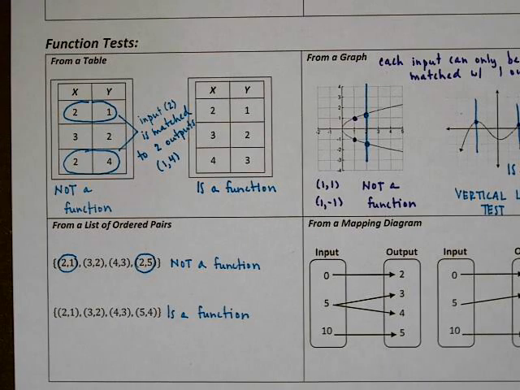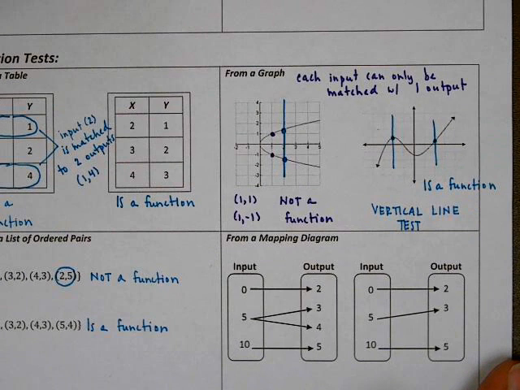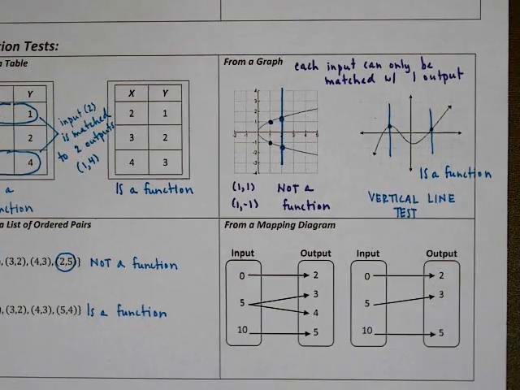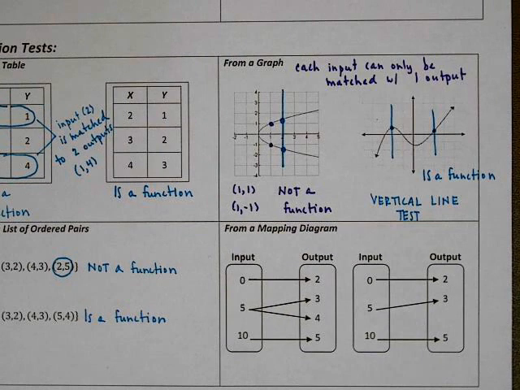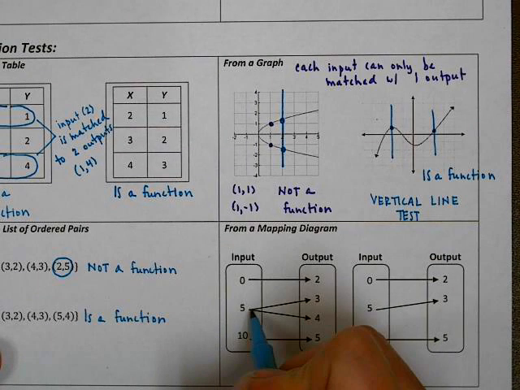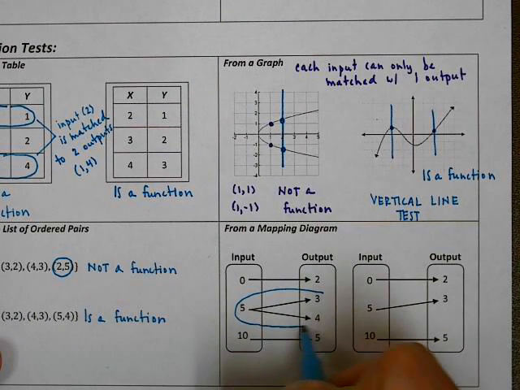All right, and the last representation you might see here is what we call a mapping diagram, and it's really similar to a table, except it's going to use arrows. So again, I keep saying this, but our big idea here is that for a function, each input can only be matched with one output. So I'm going to notice right away in a table or a mapping diagram that I have a problem if I see one input that has arrows going to two separate outputs.